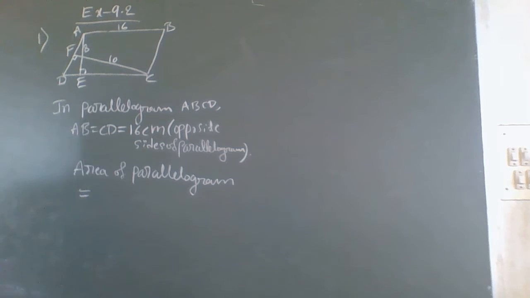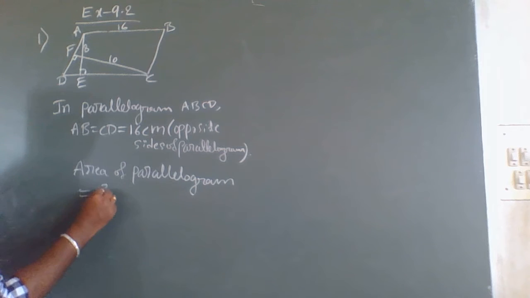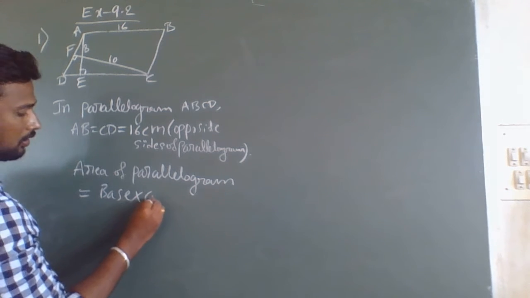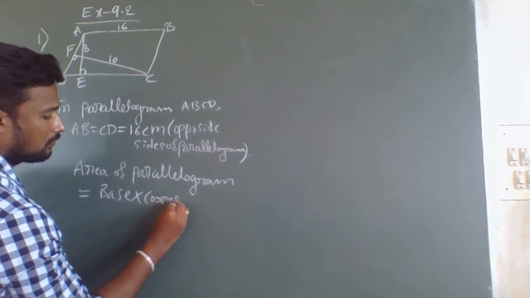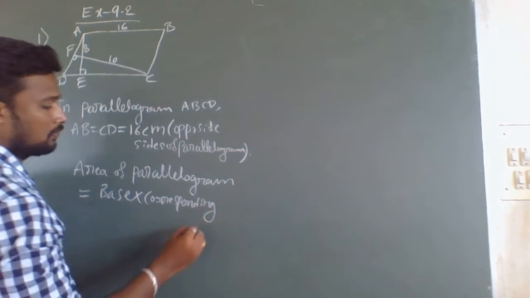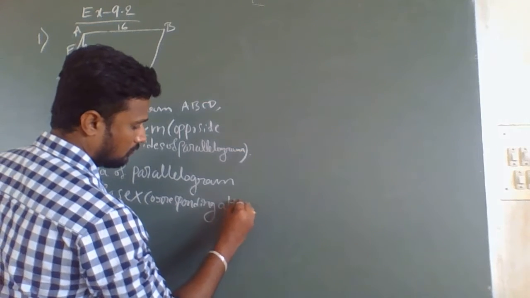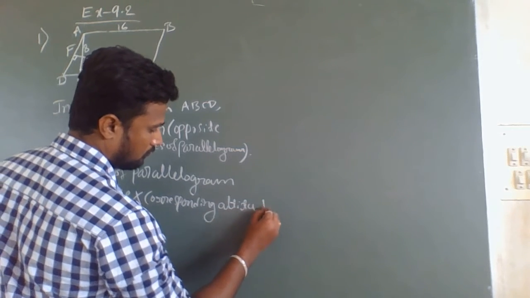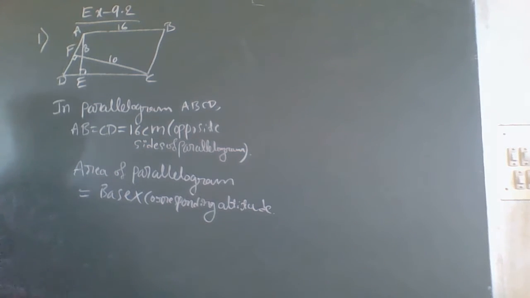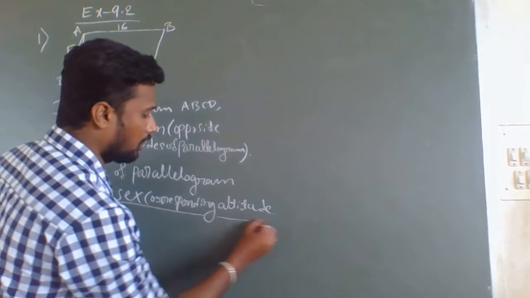Area of parallelogram equals to base into corresponding altitude. To calculate area of parallelogram, formula is base into corresponding altitude.